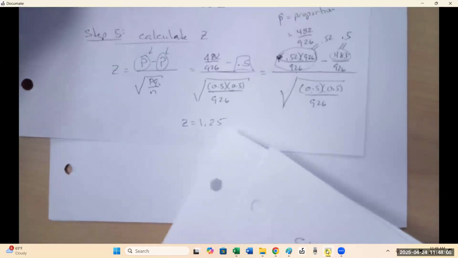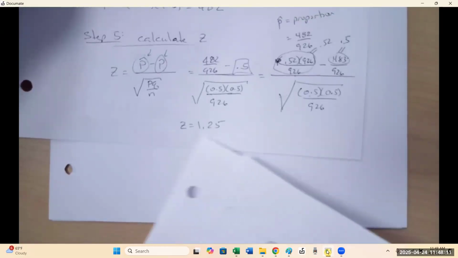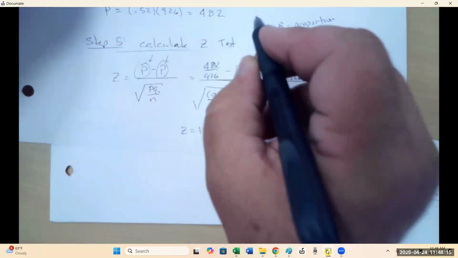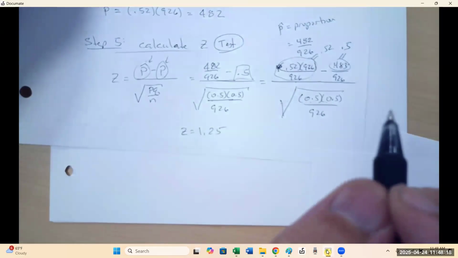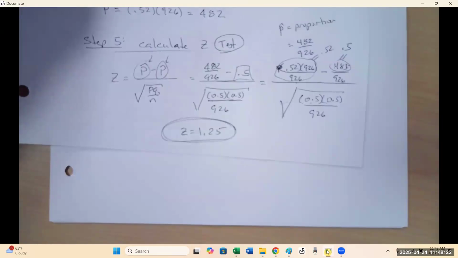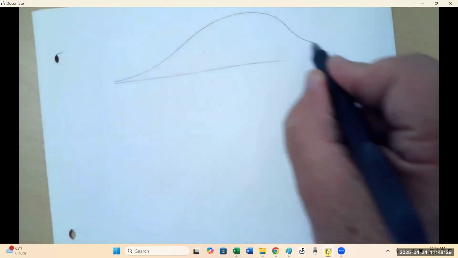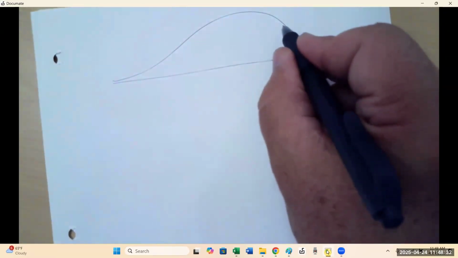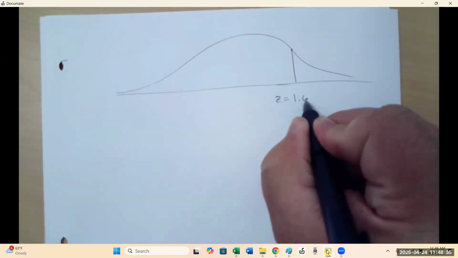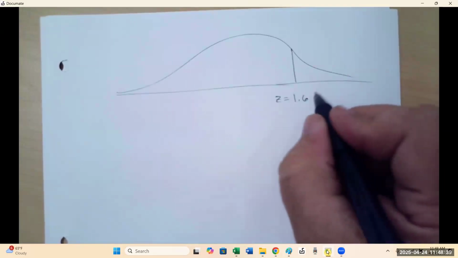It was 1.25. This is our test. So in our example, this Z value was 1.645.